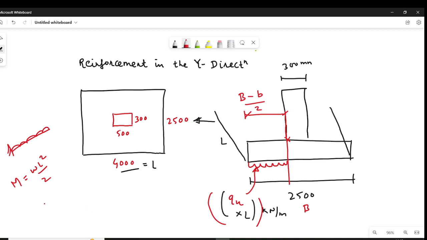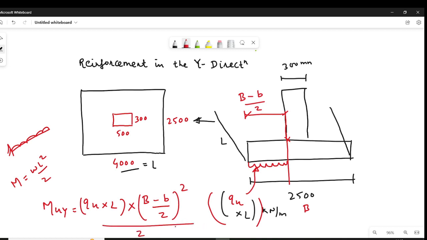So W is QU into L, and the length is (B minus b) divided by 2, squared, divided by 2. So this is the formula to determine the bending moment in the y direction.